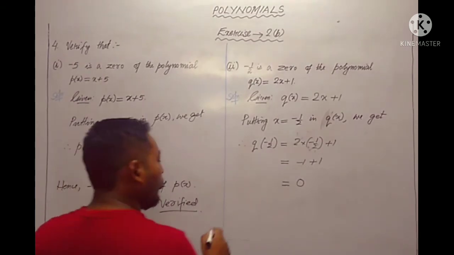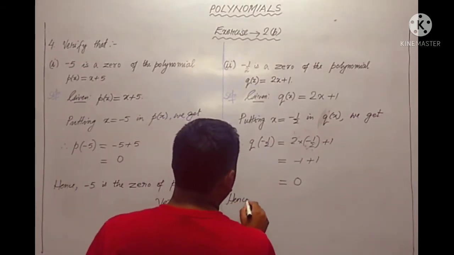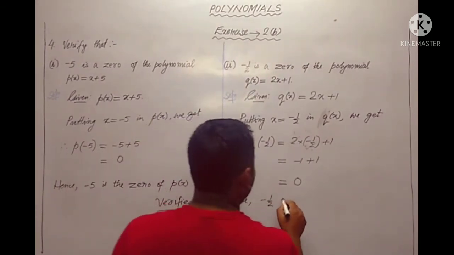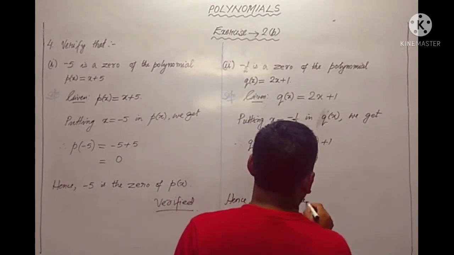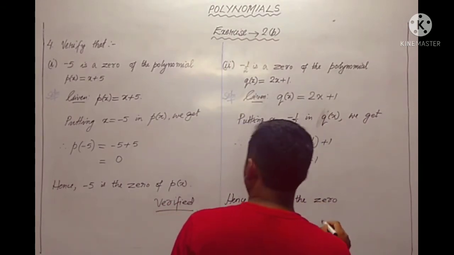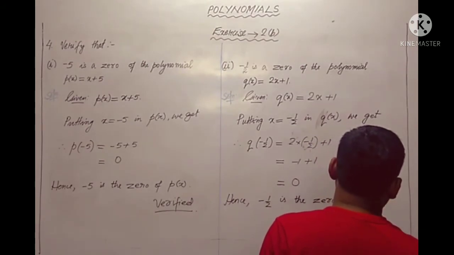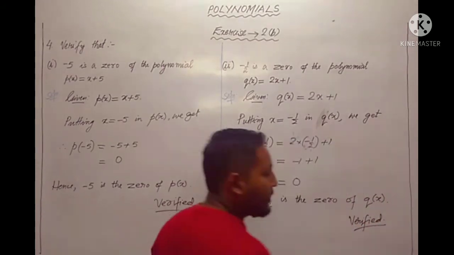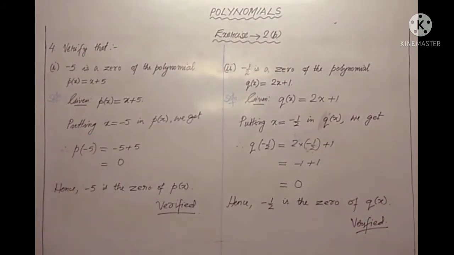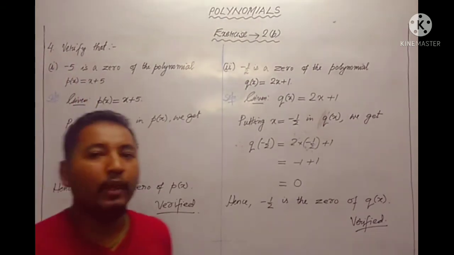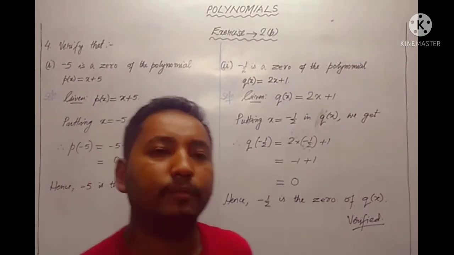Since you got 0, you can write down: hence, minus 1 by 2 is the 0 of q(x), verified. That is the answer. Isn't it simple? If the answer is 0, the given number is the 0 of the polynomial in these questions. Okay. Now let us move on to the next question.